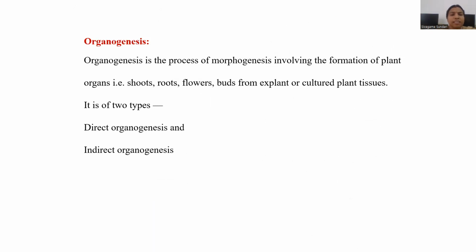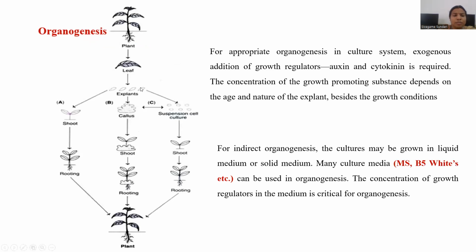Moving on to the next technique, that is organogenesis. Organogenesis is nothing but direct formation of a plant organ without callus or embryo from any plant explant. We call it organogenesis. That can be divided into 2 types, direct organogenesis and indirect organogenesis. Direct organogenesis means from your explant, it directly gives the plant organ and a full plant arises.